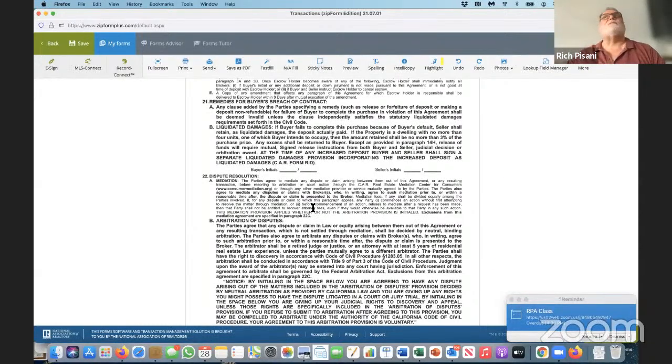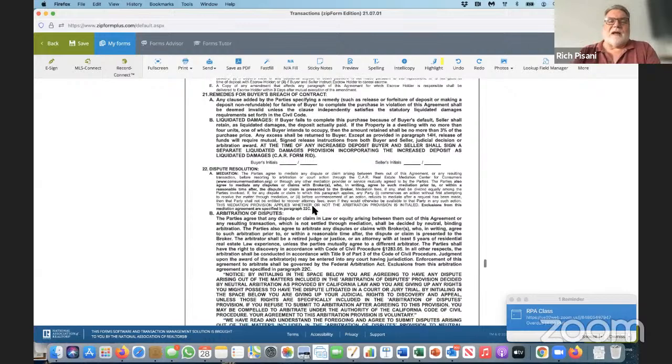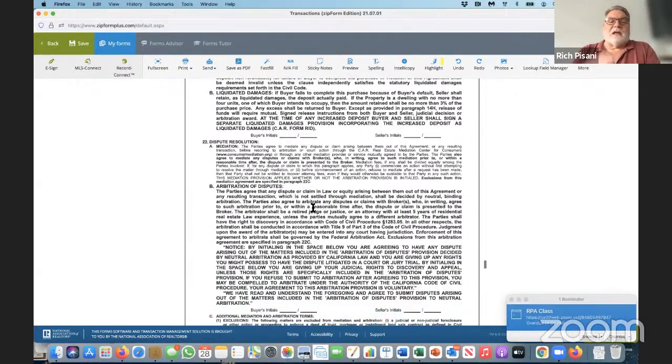If they're damaged more than that, and liquidated damages is initialed, all they can get is 3%. That's why we like to see 3% as an earnest money deposit. You can't advise your clients on whether to do it or not. They need to seek their own legal advice as to whether to move forward.